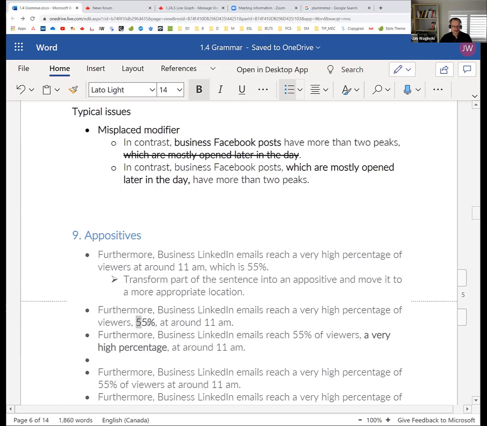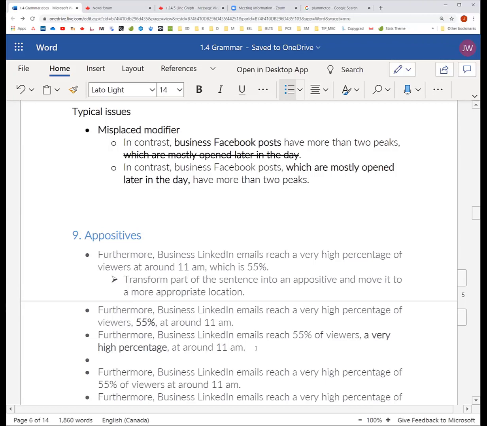So this is not really a description. This is identical to a very high percentage of viewers. So this is why an appositive is more appropriate here. There's no need to put which is, because they're exactly the same thing. It's like saying your friend John needs help.